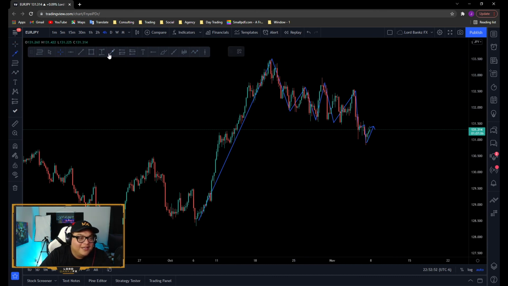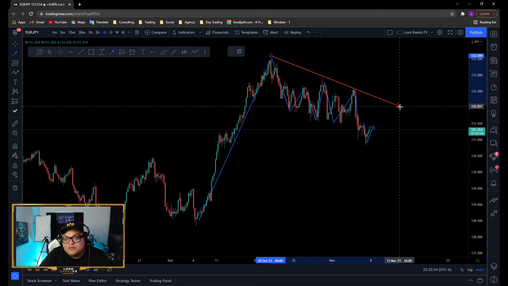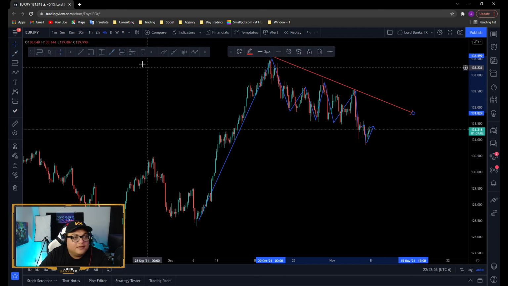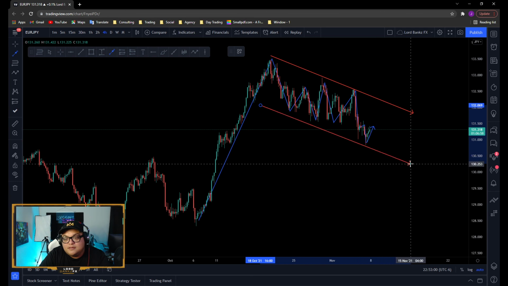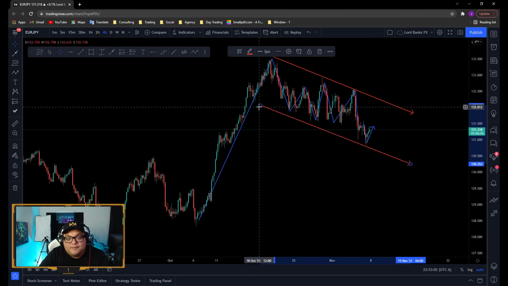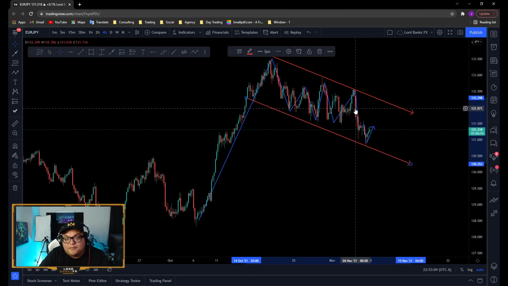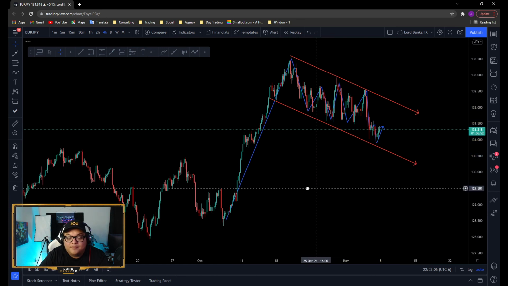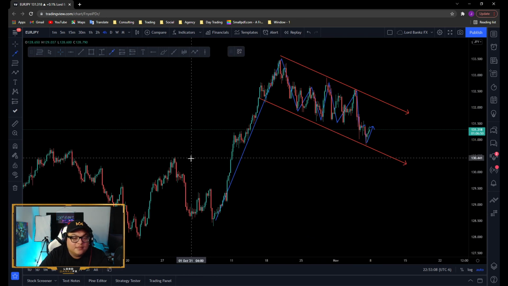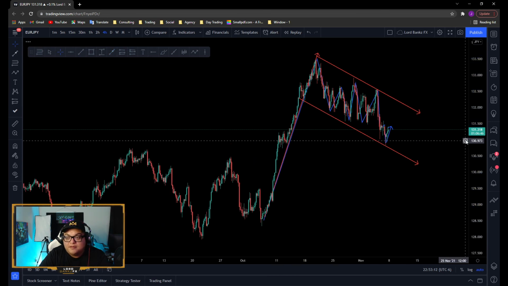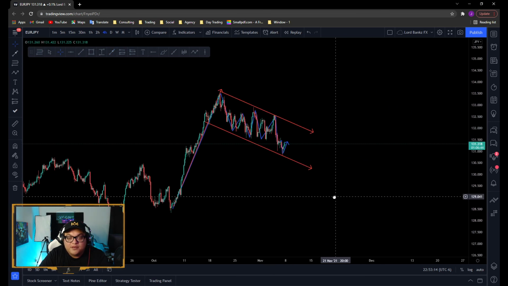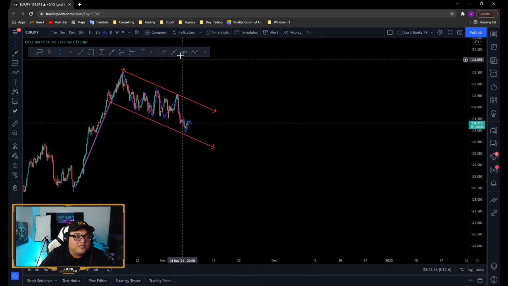But what I'm trying to show you guys is what this looks like pattern wise. See this? What is this pattern? Have you guys seen this pattern? Pattern goes like this.